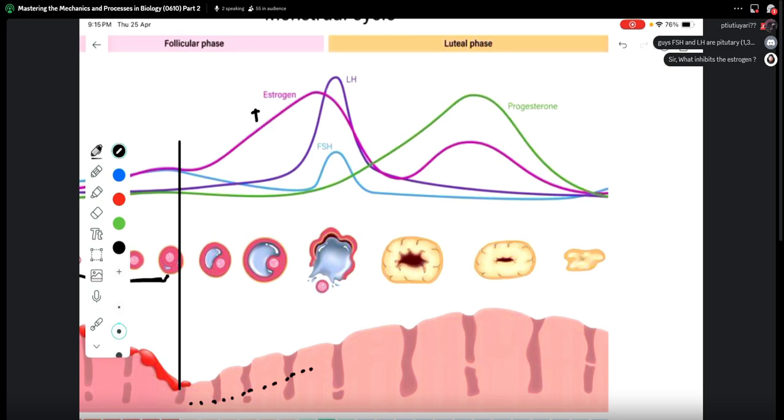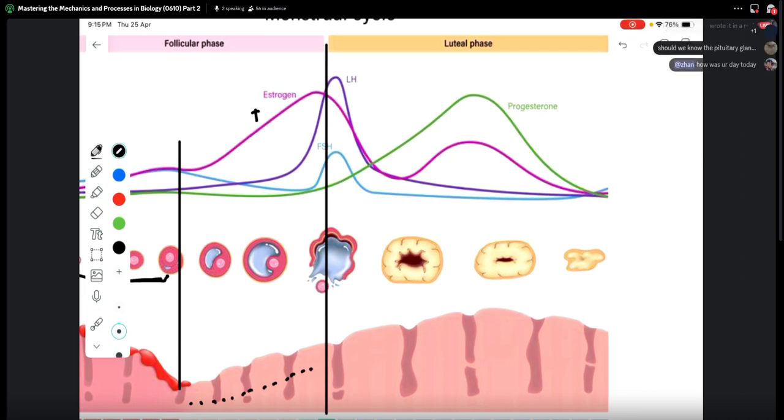Now we come to day 14. Day 14, we always remember, is the ovulation time. The pituitary gland will also secrete the luteinizing hormone. The luteinizing hormone basically asks the ovary to release the ovum.